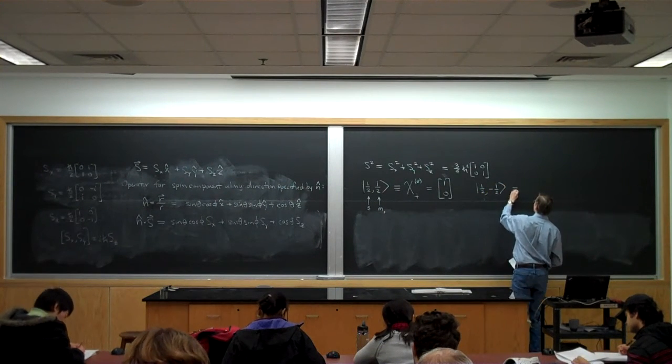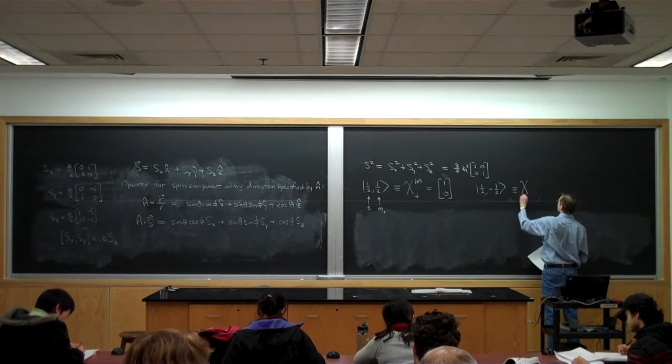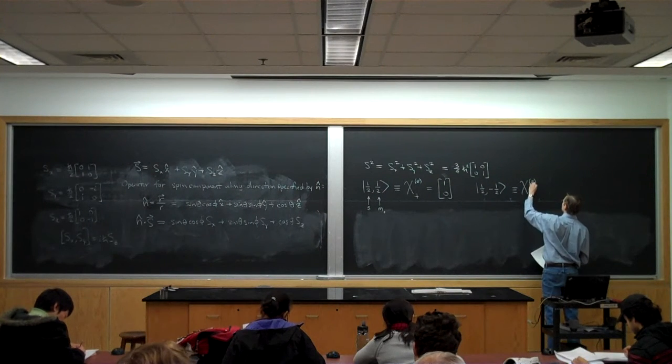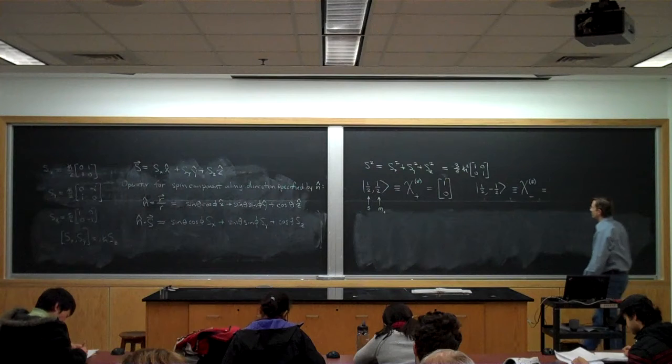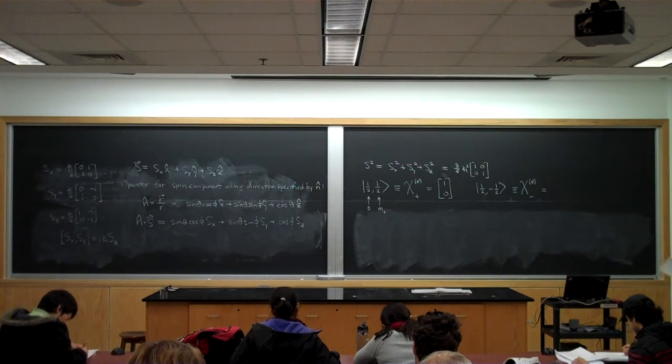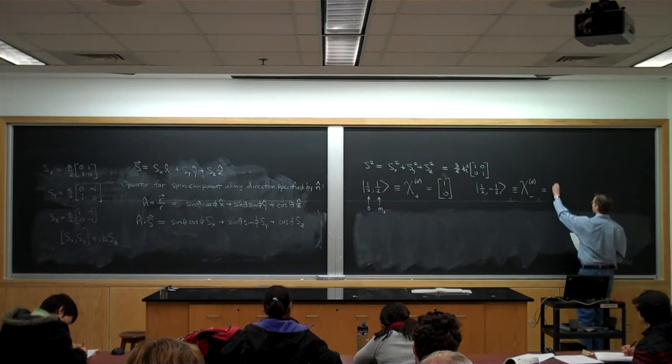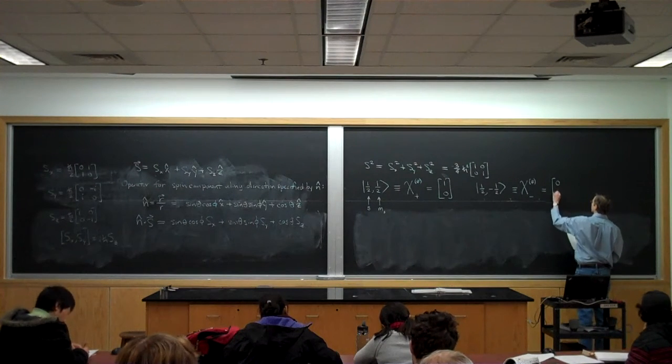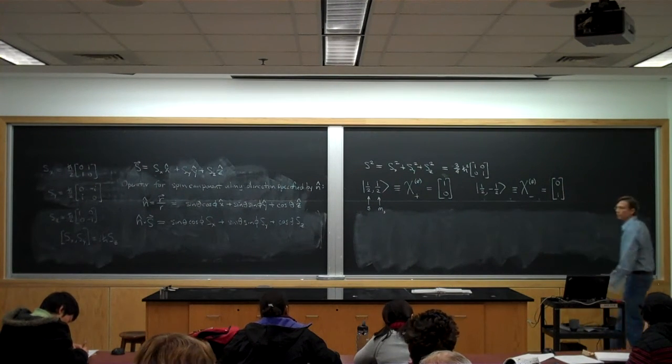And for minus 1/2, which we represent as a column vector, which we call chi minus for the z direction, is 0, 1.